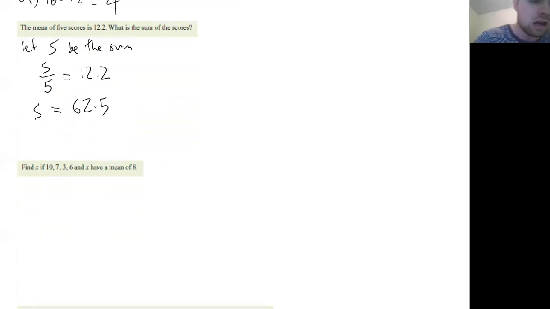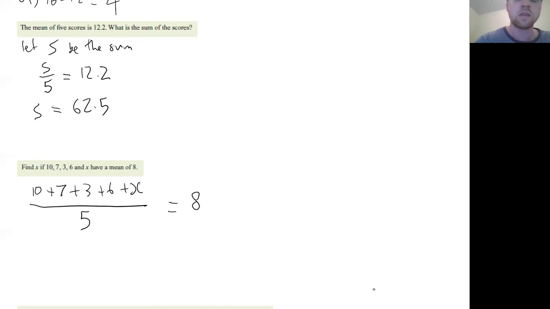So we can write out 10 plus 7 plus 3 plus 6 plus this unknown score divided by the number of scores. So we've got 5 scores there. So divided by 5 is going to equal the mean that we're given, which is 8.